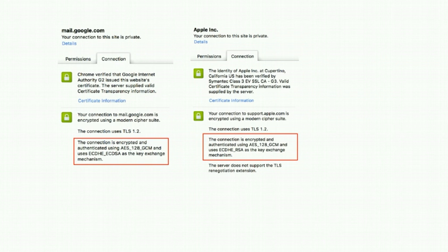It says this connection is encrypted using AES 128-bit mode, and also it uses elliptic curve Diffie-Hellman ephemeral and the elliptic curve digital signature scheme for key exchange. And here also the connection is AES 128, elliptic curve Diffie-Hellman ephemeral, and RSA as the key exchange mechanism.